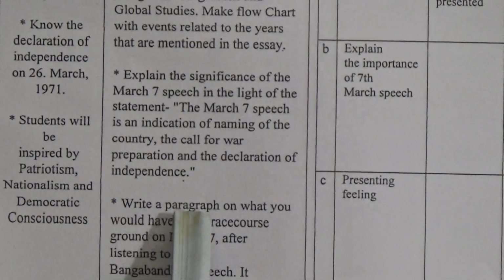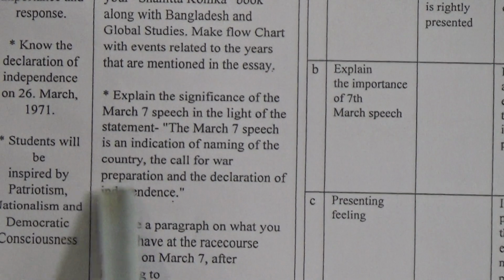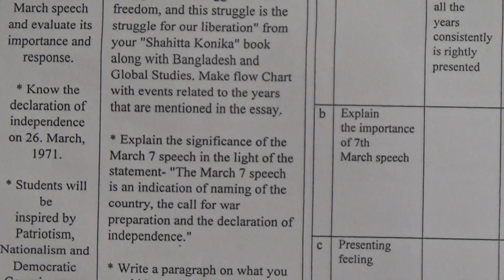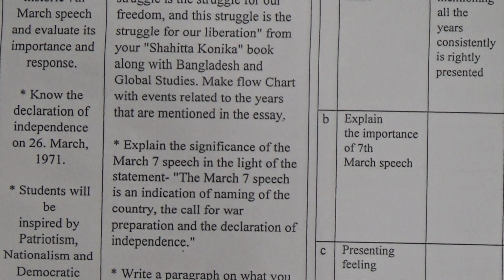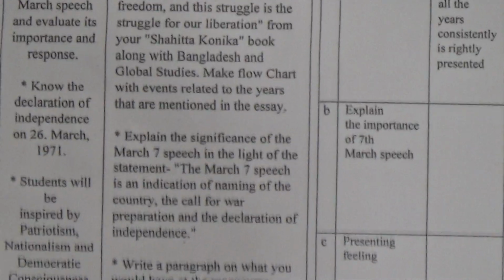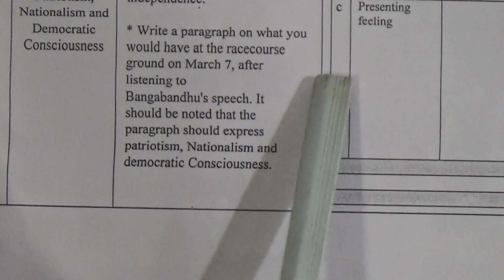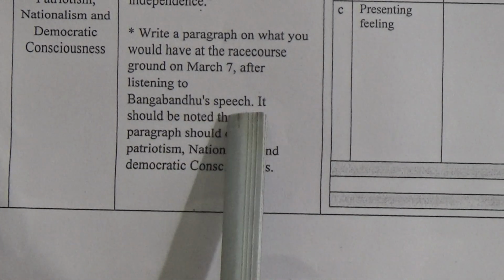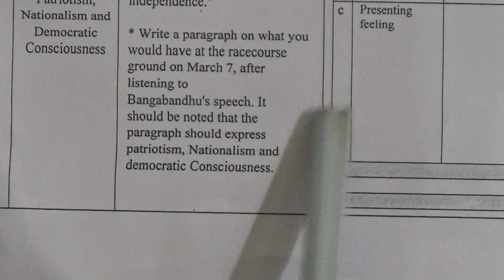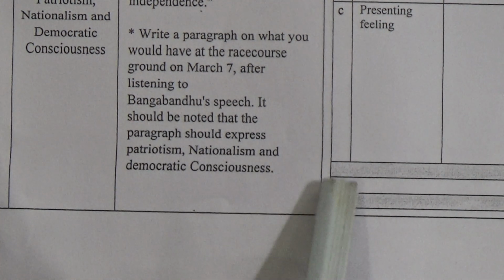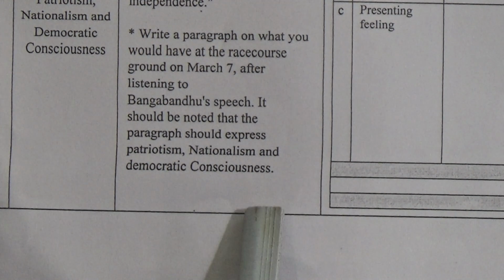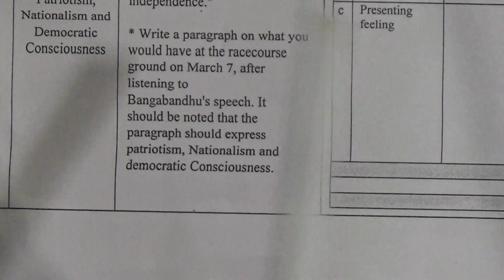After writing the significance of 7th March, you have to write a paragraph on what you would have done at the racecourse ground on March 7 after listening to Bangabandhu's speech. It should be noted that the paragraph should express patriotism, nationalism and democratic consciousness. Okay. So you have to do 3 things.